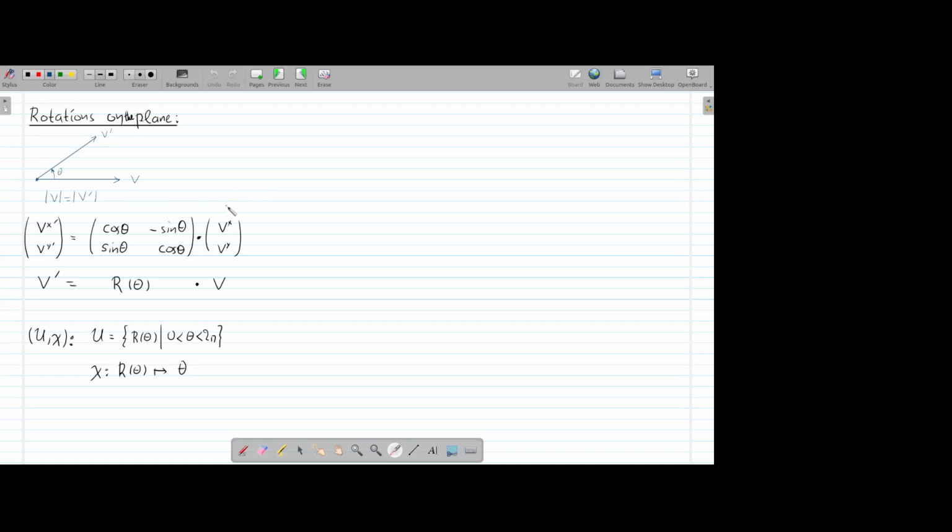And you can show that if Vx and Vy are the Cartesian components of this vector, then the Cartesian components of the new vector are related to the previous ones by this relation obtained by multiplying this matrix by this column vector.